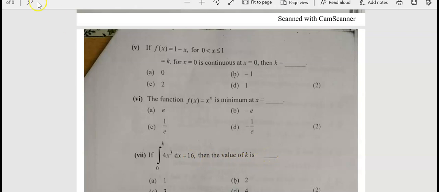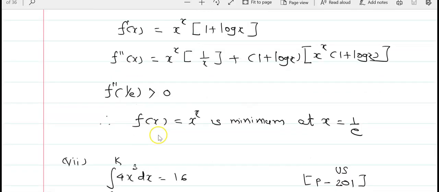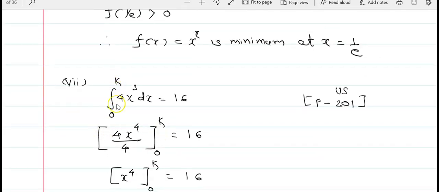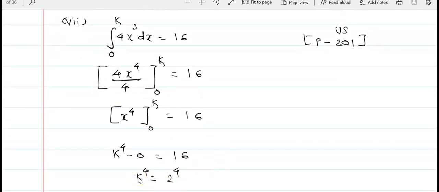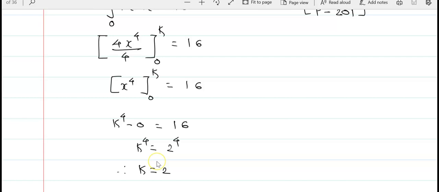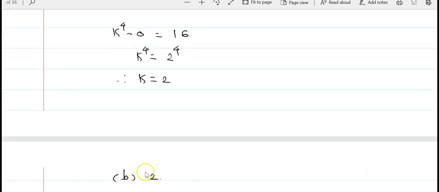Normal integration is there. 4x^4 upon 4, from 0 to k, equals 16. x^4 from 0 to k equals 16. k^4 minus 0 equals 16. k^4 equals 16 means 2^4, and hence k is equal to 2. And that's why option B is the correct one.